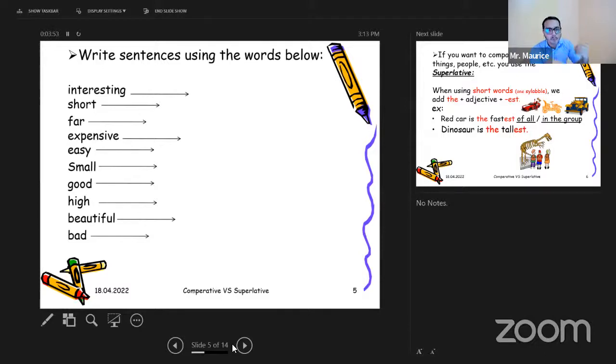Expensive, more expensive. Easy, easier. Small, smaller. Good is another irregular, in this case better. High, higher. Beautiful, more beautiful. And the last one, bad, is an irregular adjective.